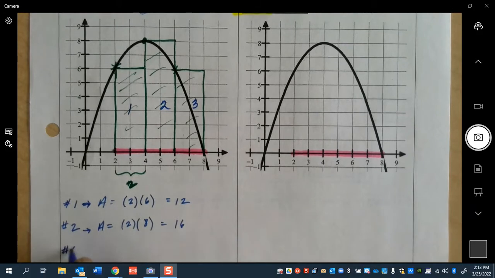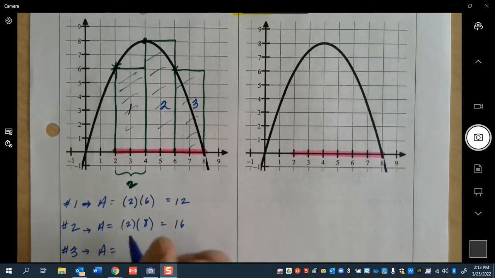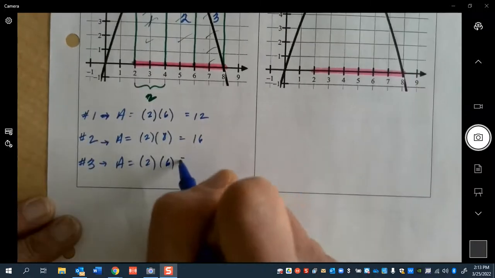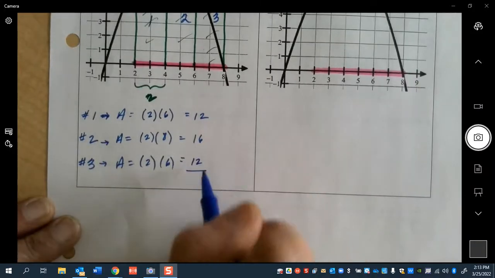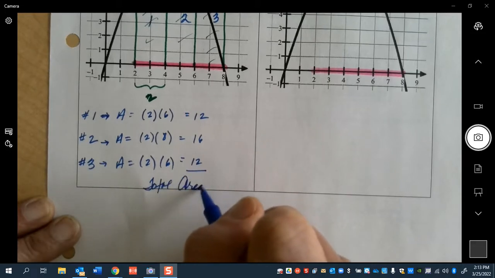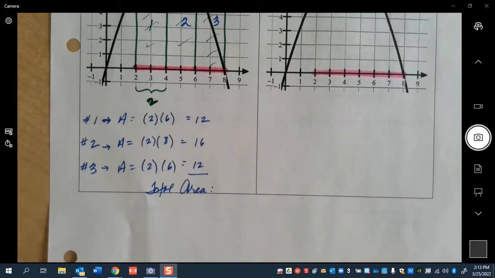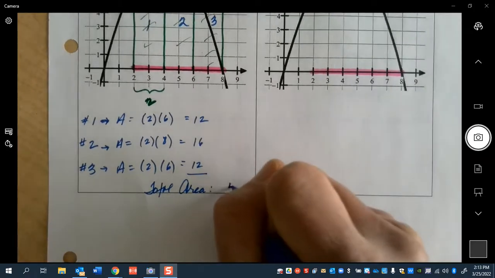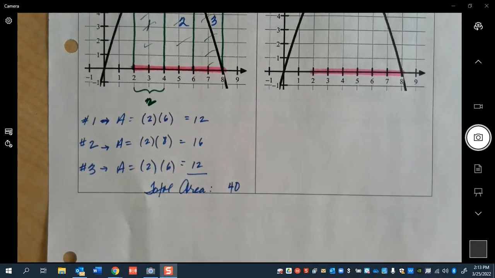My third rectangle, my width is 2, and my height again is 6. So I know my total area is going to be 40.